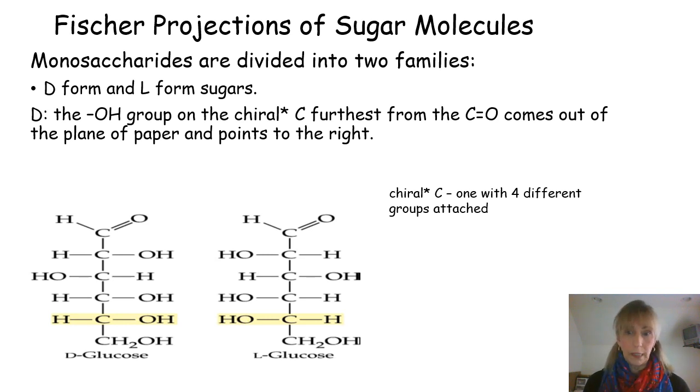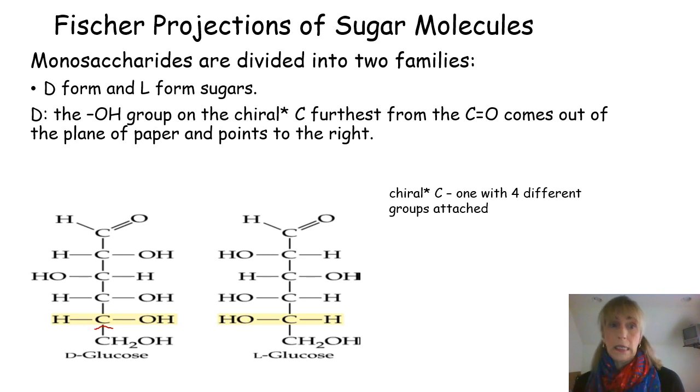They have to be different. Here's our carbonyl. Here's one with 4 groups, 4 groups, 4 groups. This one does not have 4 different groups. So we're talking about this one right here: the chirocarbon, the carbon with 4 different groups that is furthest from the carbonyl.